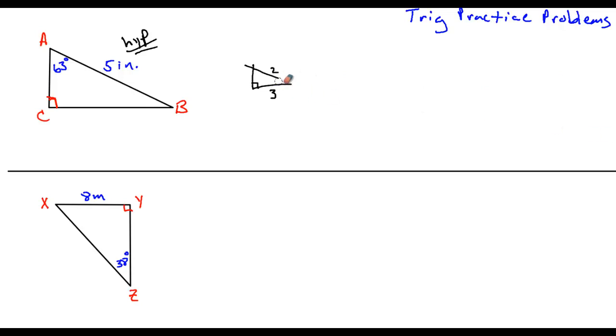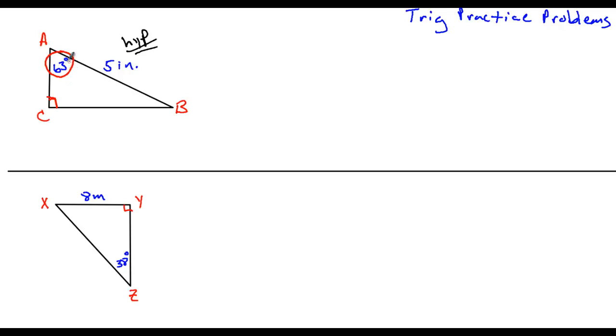But we're not going to have anything like that. This is all we've got. So the only thing that's given to us is this 63 degrees. So that lets us know that 63 degrees, this angle A, is where everything we do in this problem is going to be based off of.